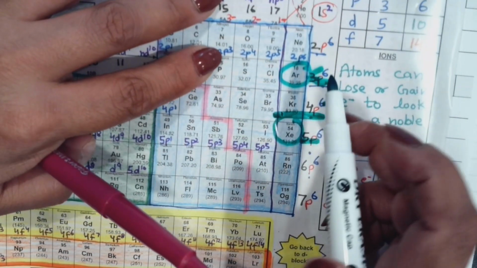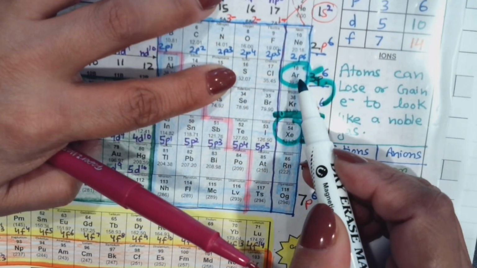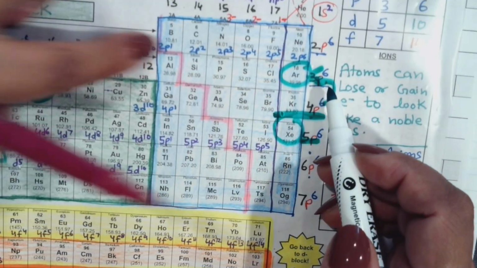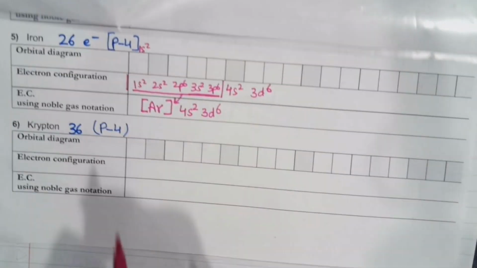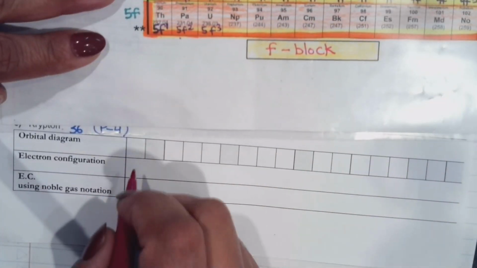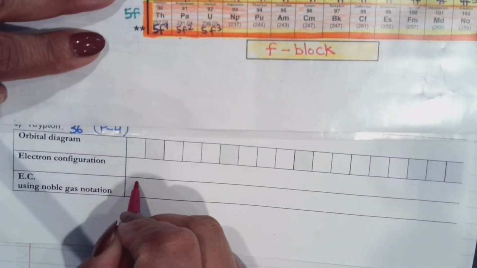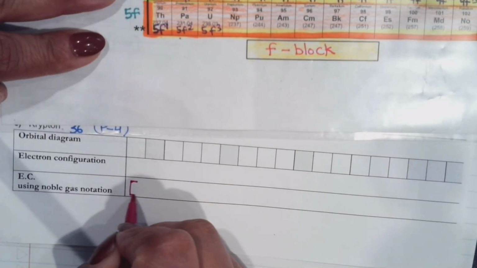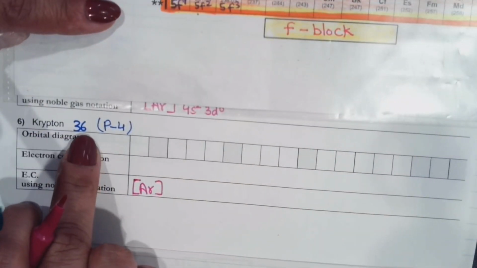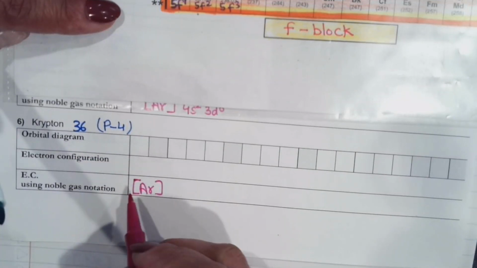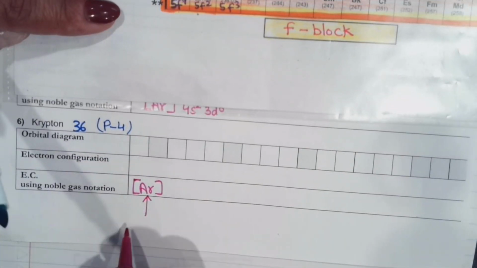We will take the noble gas in the previous period, that is argon, and then write all the elements in the 4th period. So write down the electron configuration in the noble gas form. So we write argon, because krypton has 36 electrons and it's in period 4. So this is the noble gas in the 3rd period.